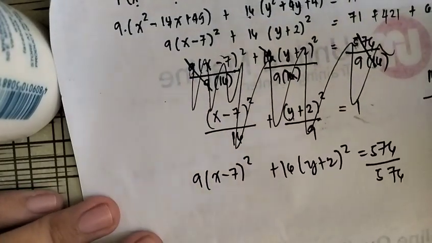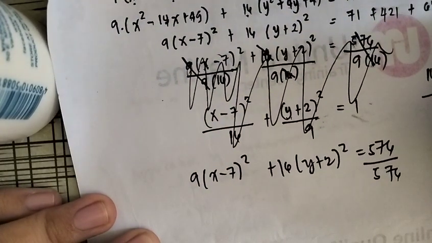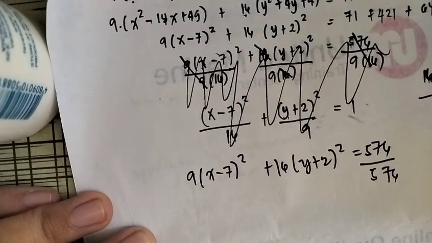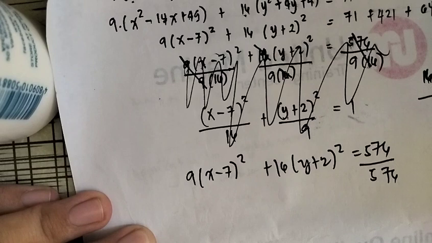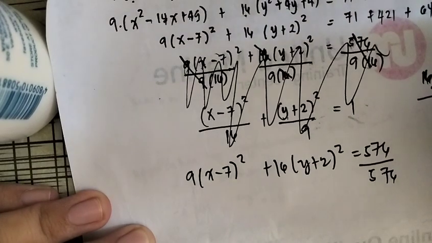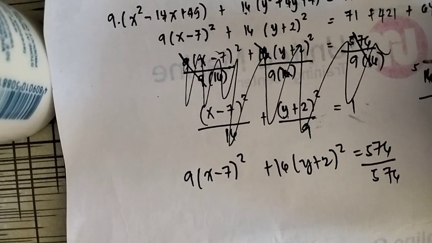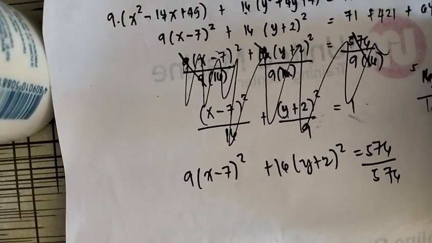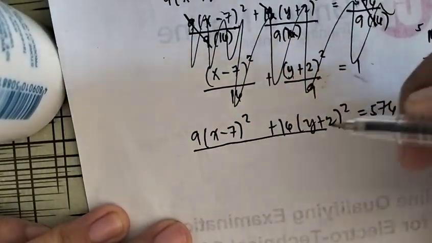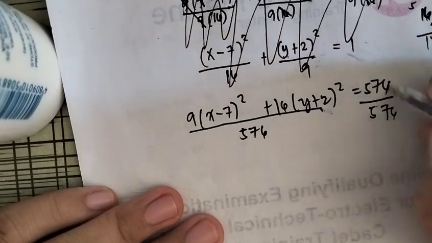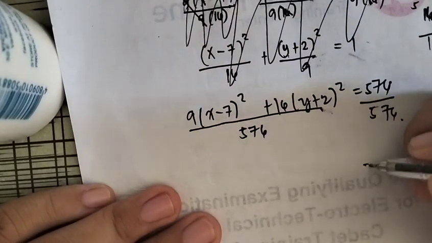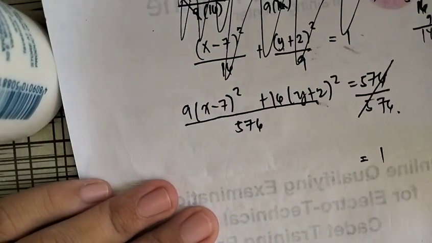Dili man di 576. Pila man eh. 6 times 9, 54. 9. And then 5, 144. 144 dito ganin. So kani divide nimo tag 576. Kani para ma-equal og 1. So 1 na siya diha nga side, so kana 1 na.